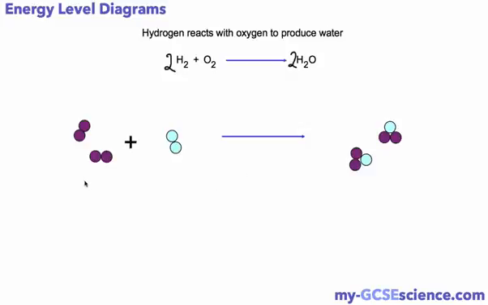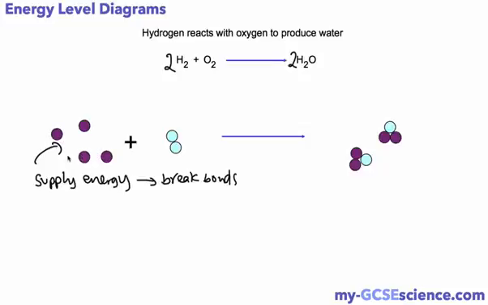Now for this reaction to happen, we actually have to supply some energy. And we supply that energy in order to break the existing bonds. So we supply some energy to break those bonds, and once the energy is supplied, those bonds are now broken and they are ready to recombine to make our water molecules.